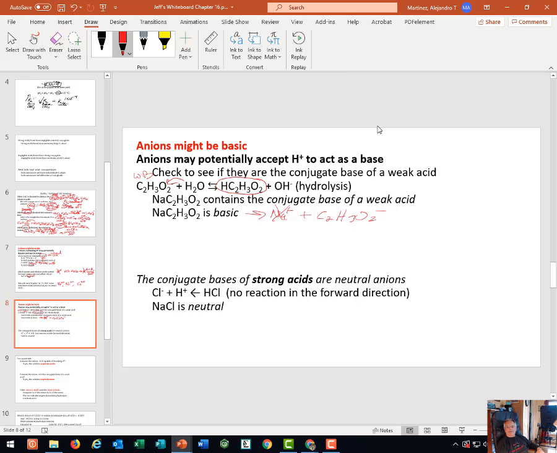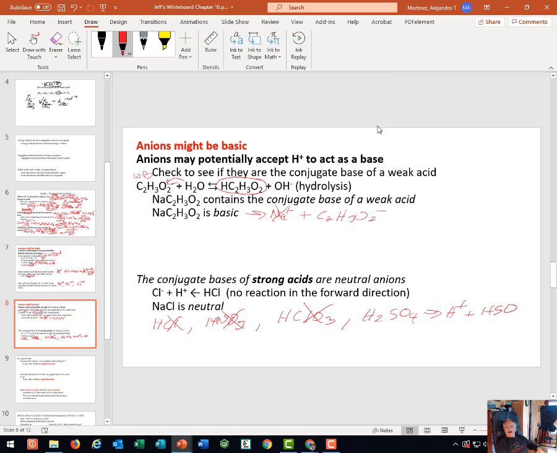Okay, the conjugate bases of strong acids are always neutral. So your strong acids like HCl, chloride is neutral, HNO3, nitrate is neutral, HClO3, chlorate is neutral, H2SO4. So when this dissociates, remember this is polyprotic, only the first proton is acidic.